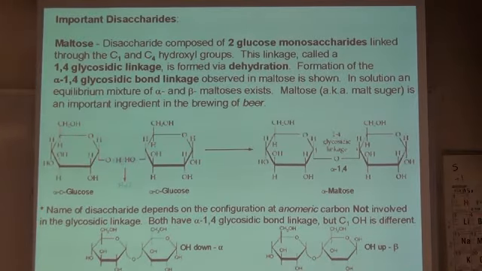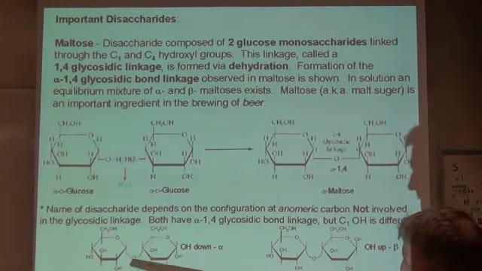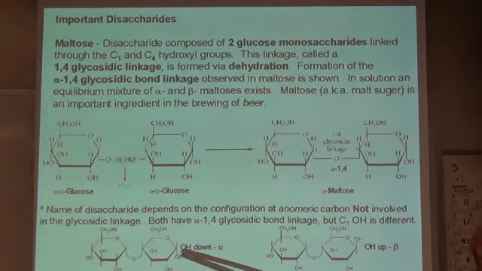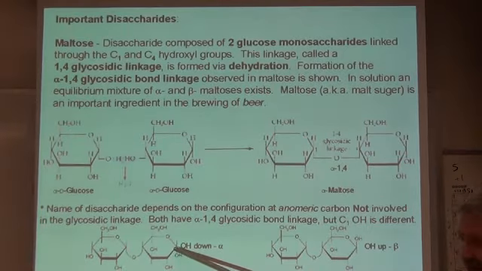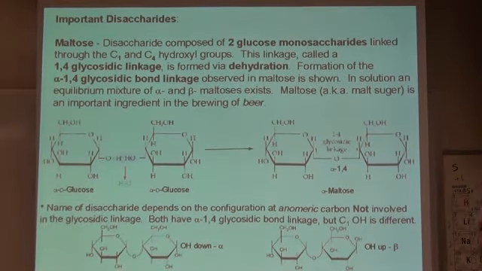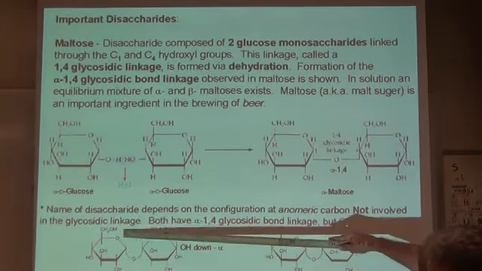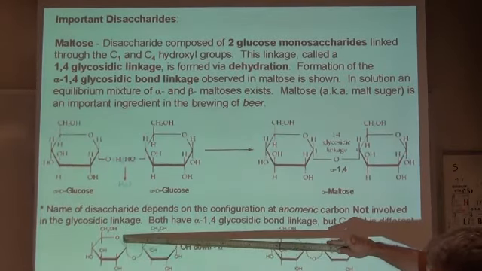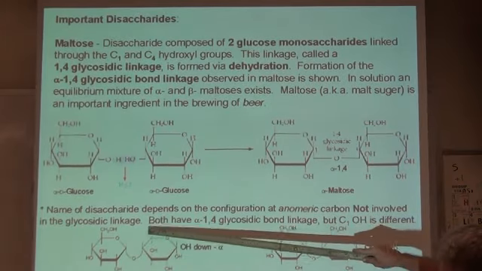Notice, unlike our organic, where we used the functional groups and the bonding arrangements to name the molecules, we don't do that here. The bond that links the two monosaccharides together can have a different orientation than the bond that's used to actually name the maltose. Notice here, oxygen 1 to the right, this bond is going down, which makes this an alpha carbon. This is 1,4.